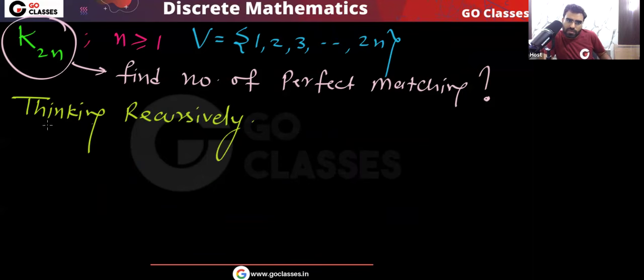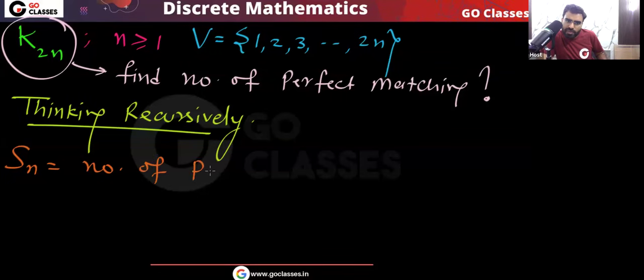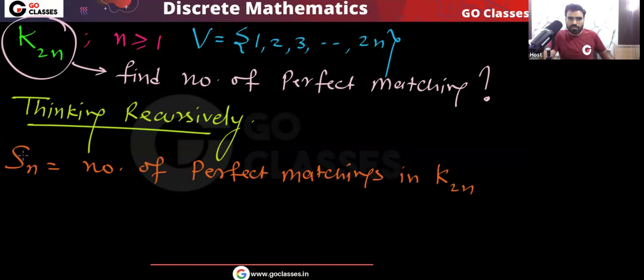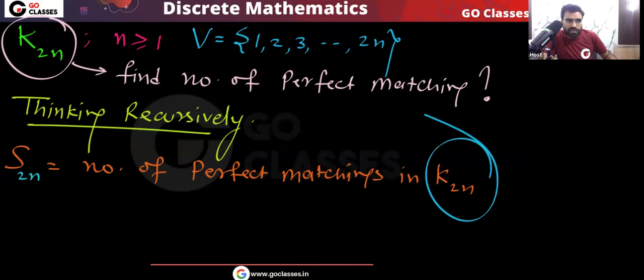We are thinking recursively, and for a moment assume that S2n is the number of perfect matchings in K2n. What is S2n? S2n is the number of perfect matchings in K2n. Is this clear? In this complete graph on 2n vertices, the number of perfect matchings I am denoting by S2n.